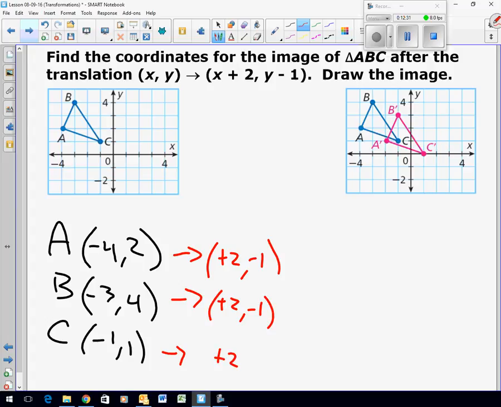Add 2, subtract 1. And that will result in A prime, B prime, and C prime. What is -4 plus 2? What is 2 minus 1? So A prime should be at -2, 1.